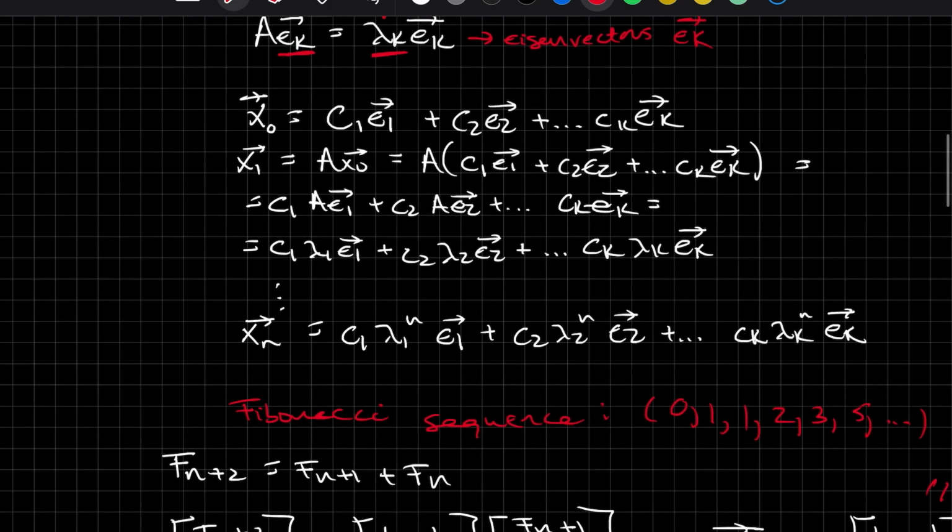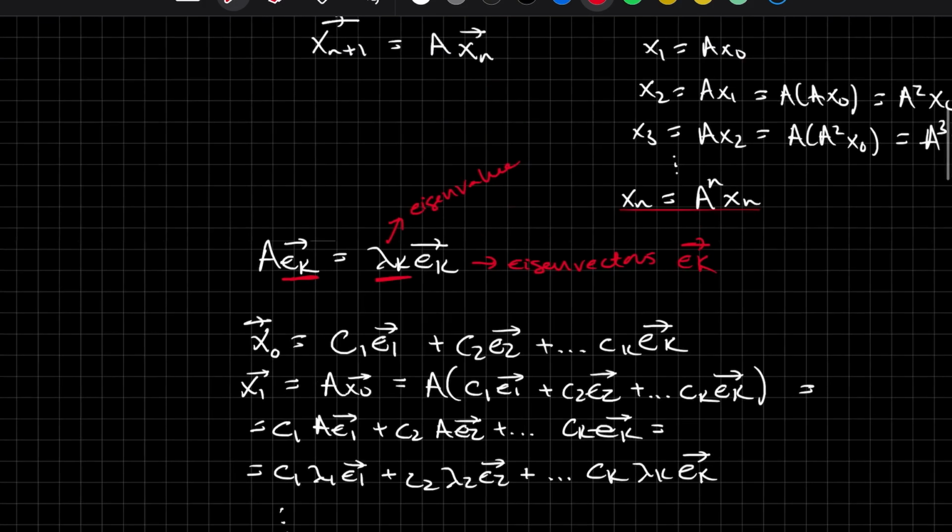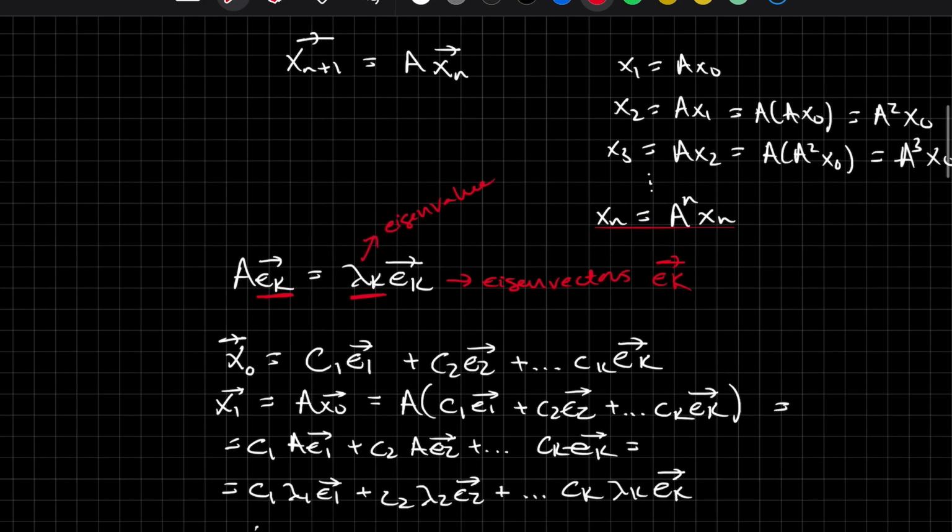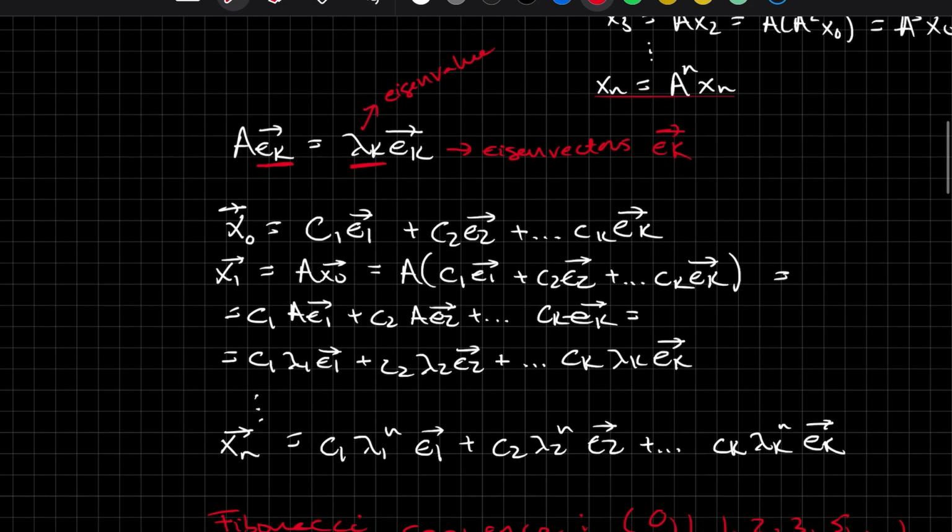Now what we can do is write x0, the first term in our sequence, as a linear combination of eigenvectors of A. We need to note that this only works if the eigenvectors are linearly independent and span the entire space, because otherwise we might not be able to represent x0 in terms of the eigenvectors.